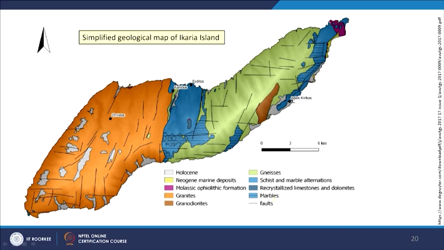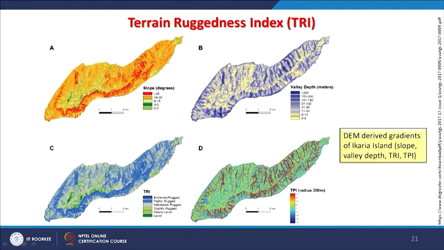Different lithologies are present here, like marine deposits, ophiolitic formations, granite, granitoids, etc. Now, when it is subjected to this calculation, that is the TRI, this is what you get. So, based on slopes, this is how the terrain is classified. When we see the valley depth in meters, this is how it is. Then when we see the TRI, this is the situation, and TPI is like this.